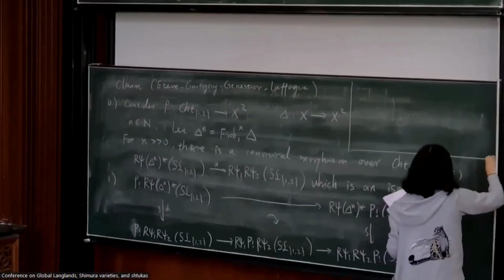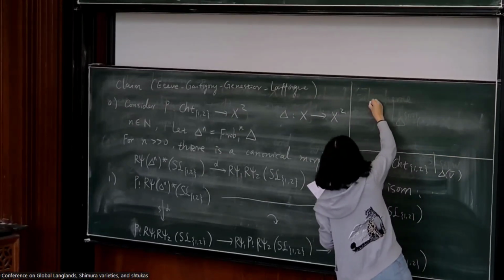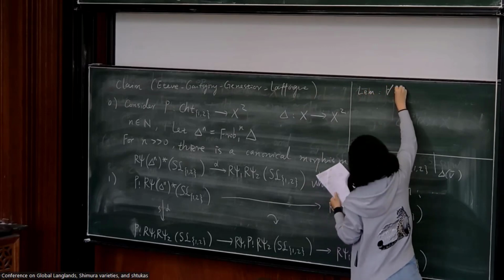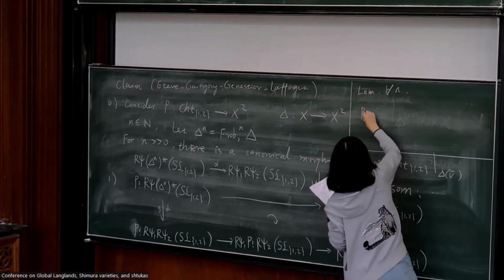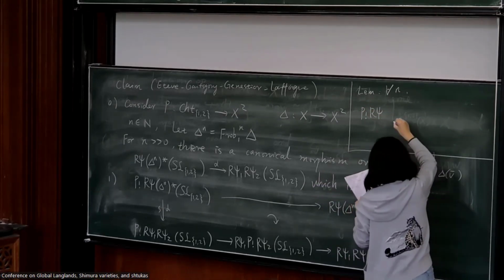The isomorphism is just because of the partial Frobenius action on XC, such that for any n, once you take the direct image, they are the same.